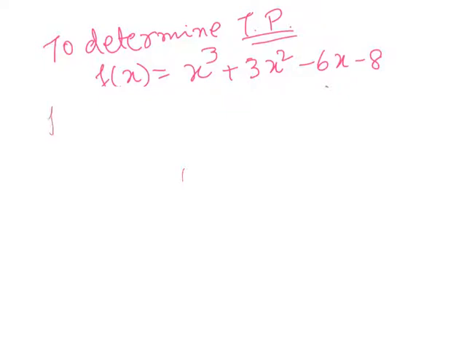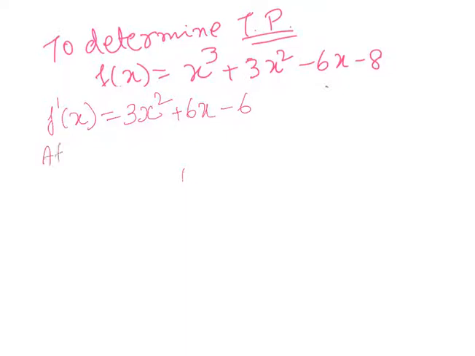If we first find the first derivative, f prime of x is equal to, for x cubed, 3x squared. 3x squared will become 6x, and -6x will become -6, and -8 is 0. Therefore, my first derivative is this one.